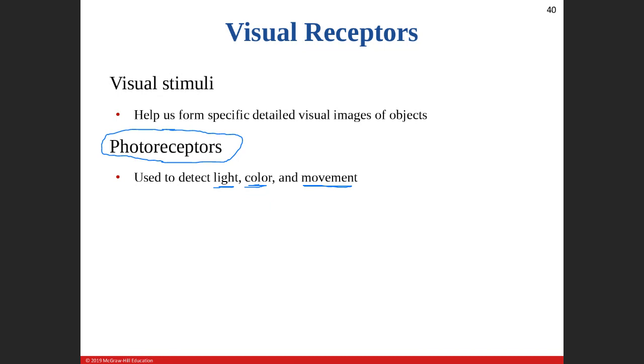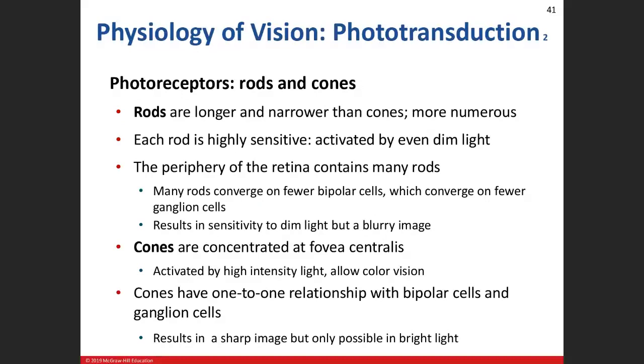In lab we talked about those photoreceptors, and there are two types, rods and cones. The rods are more numerous, but they're the ones that are activated, or that we use quite a bit, in dim light. So these structures are our night vision receptors.